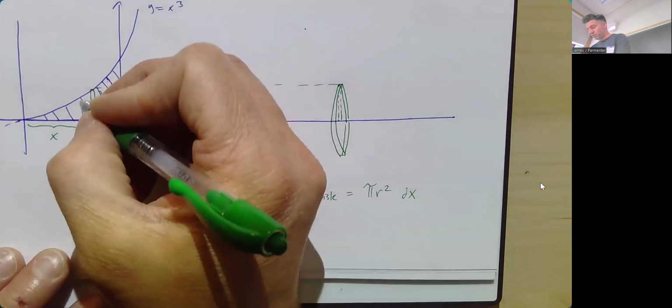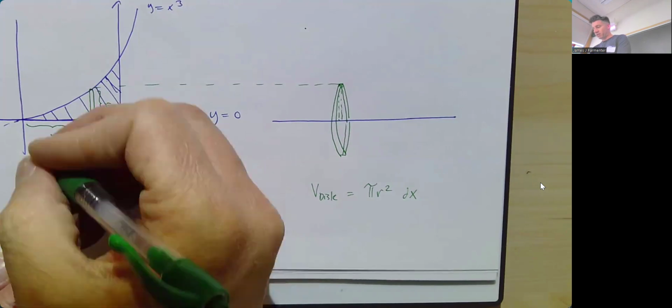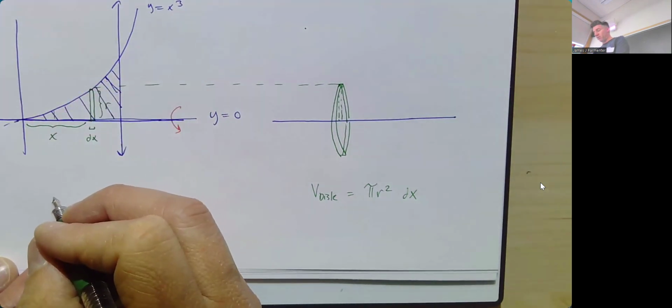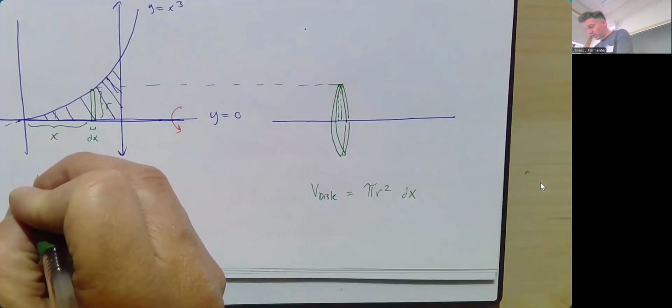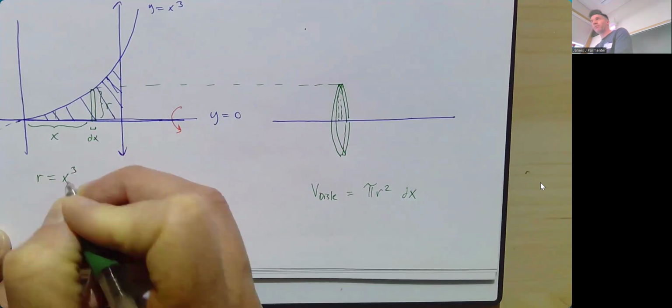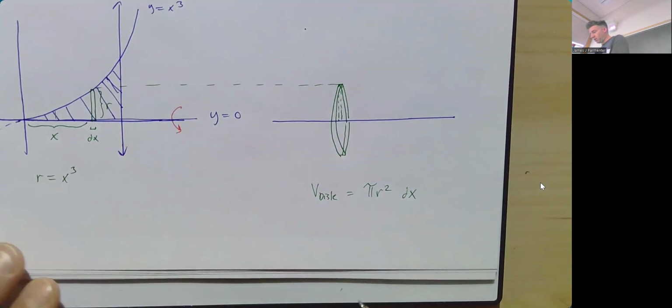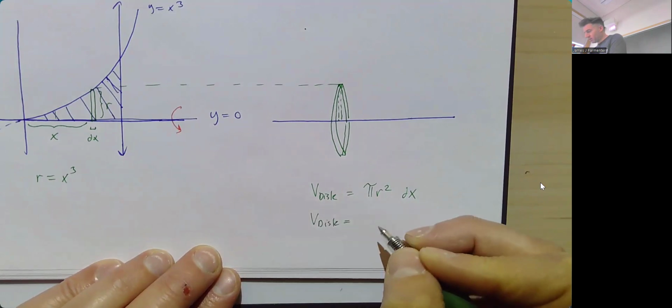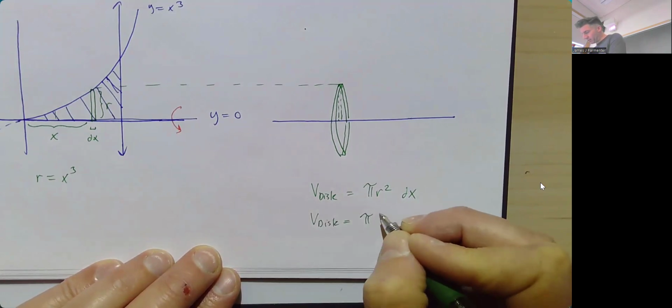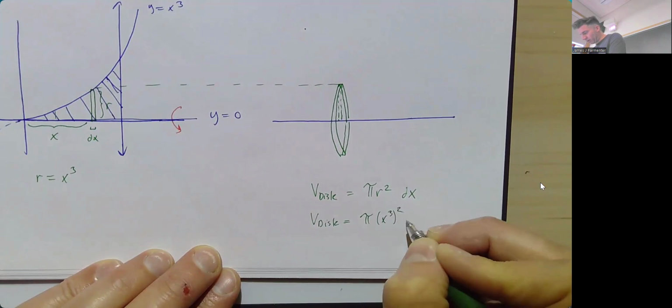If x is 1, my radius is 1. If x is 1/2, my radius is 1/8. If x is 3/2, my radius is whatever 3/2 cubed is. But in general, this radius here is just x cubed. So here, the volume of my disk is really pi times x cubed squared dx.